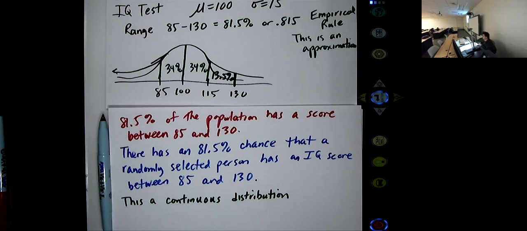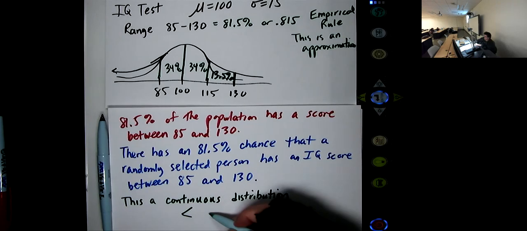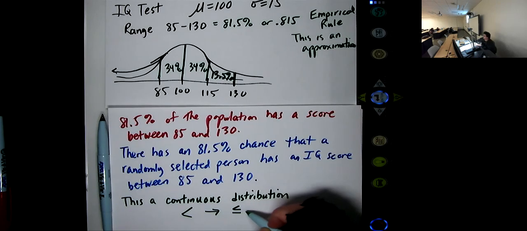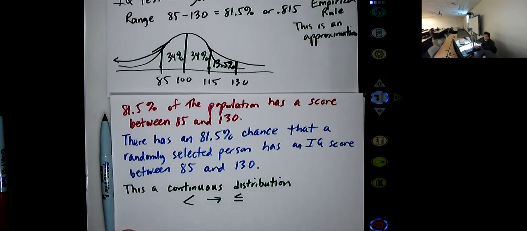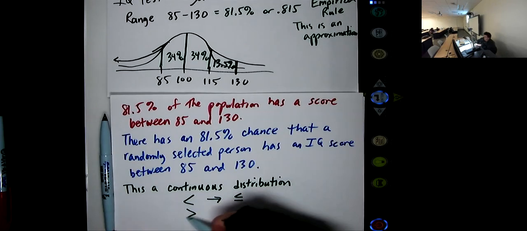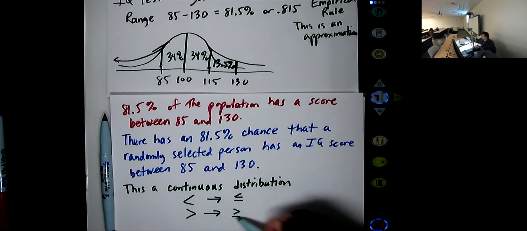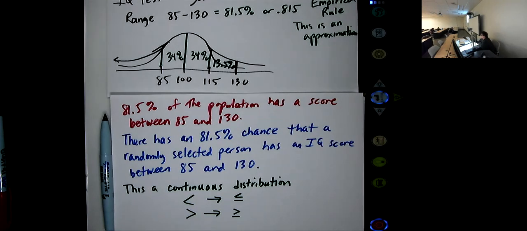And while it may not make a lot of sense, if you have less than, it's identical to less than or equal to. And if you have greater than, it's identical to greater than or equal to. There is no strictly less than or strictly greater than. Well, the other way around, there is no equal portion.